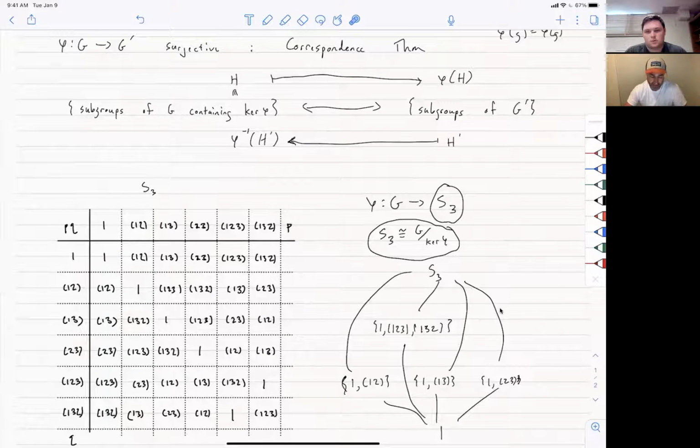Well, the main application is to try to come to grips with and understand what groups are, and to try to come up with a structure theorem, a classification type theorem. The idea is exactly what I was trying to say in class today, which is that groups are everywhere.